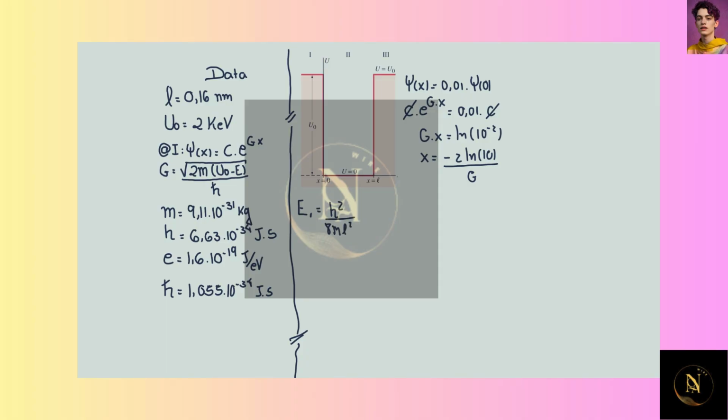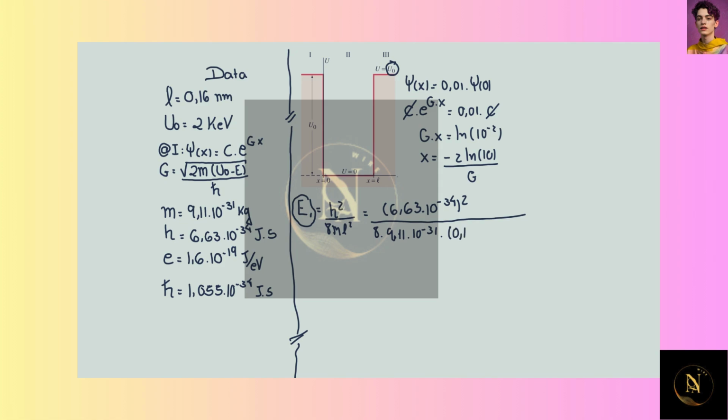This formula can be valid even in this case if the value that we get for U1 is very small compared to the value of U0. So we have to calculate U1 and check if this condition is fulfilled. h squared is equal to 6.63 times 10 to minus 34 squared, and this is divided by 8 times the mass, which is 9.11 times 10 to minus 31, times L squared.